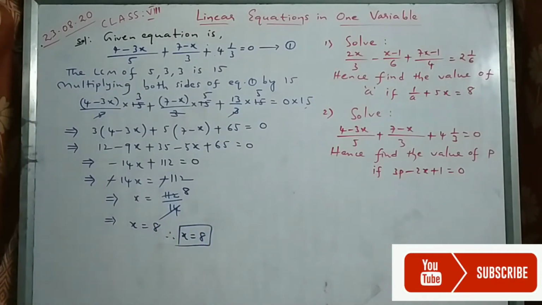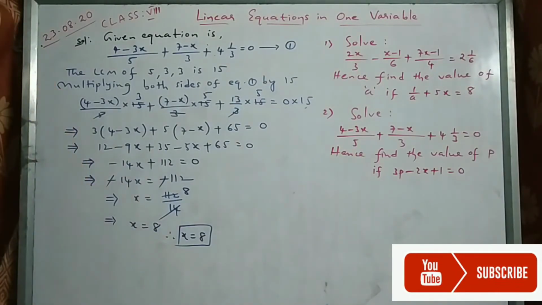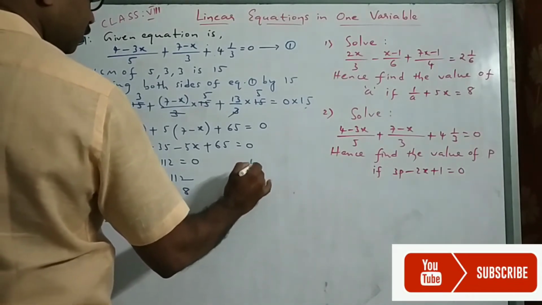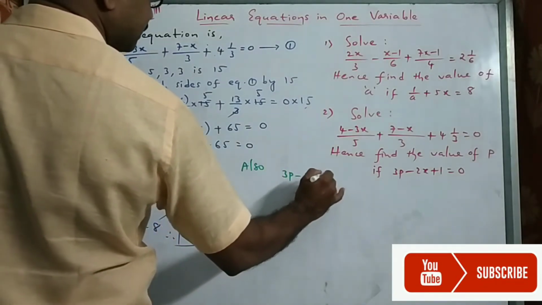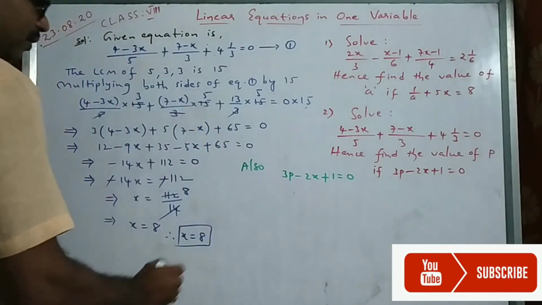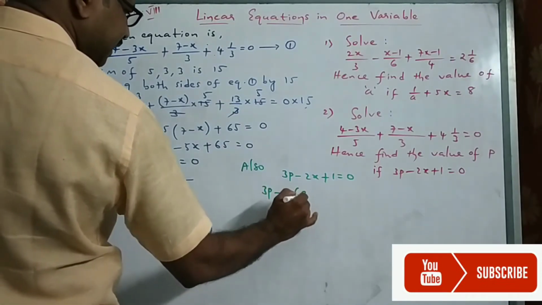What is the value of x there? 8. But that is not the end of solution. We should also find p: 3p minus 2x plus 1 equal to 0. 3p minus 2 into, what is x here? 8.